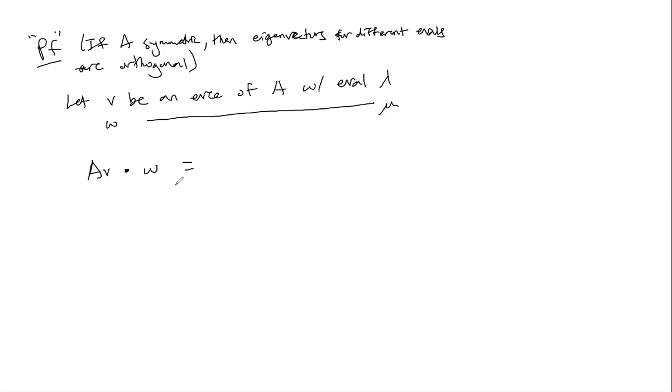It proves a lot of things, so it's nice to see the trick. On one side, you can rewrite AV dot W as lambda V dot W.